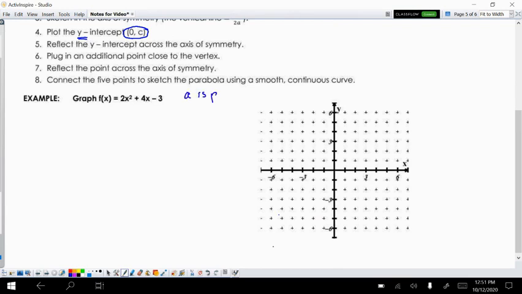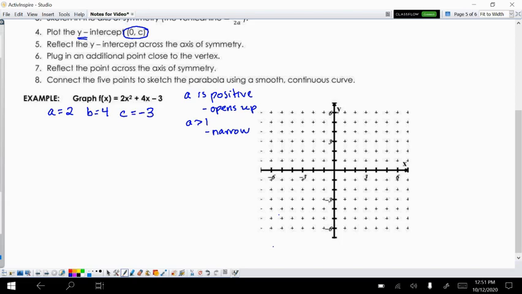A is positive, so our graph opens up. We also know that A is greater than 1, so our graph is going to be narrower than that original parent function. So as we're working with these values, we know that A is 2, B is 4, and C is -3.